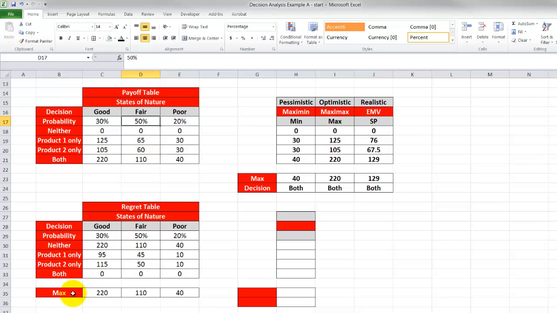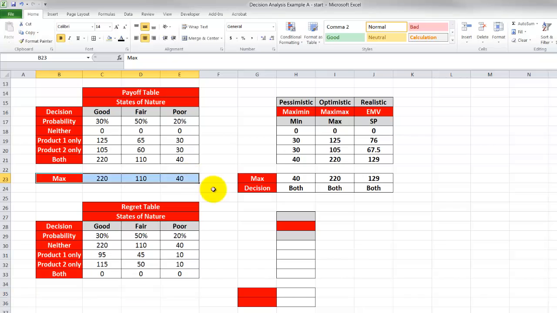What we could have also done perhaps is move this table up here to where it's a little bit better aligned, with a more logical flow. So we have the max from the table above, and then to calculate the regret, it requires both of the values above. So I think I like this layout a little bit better.